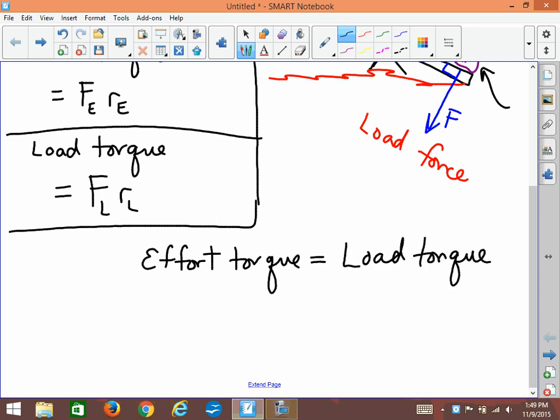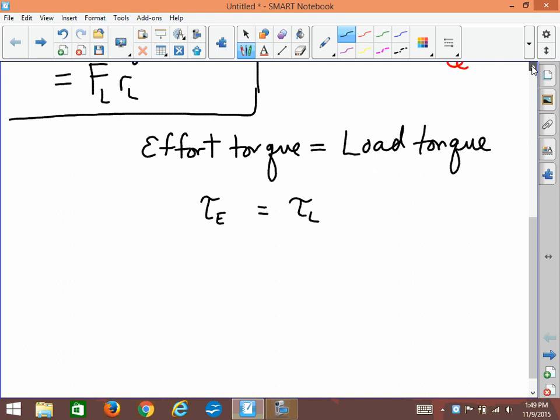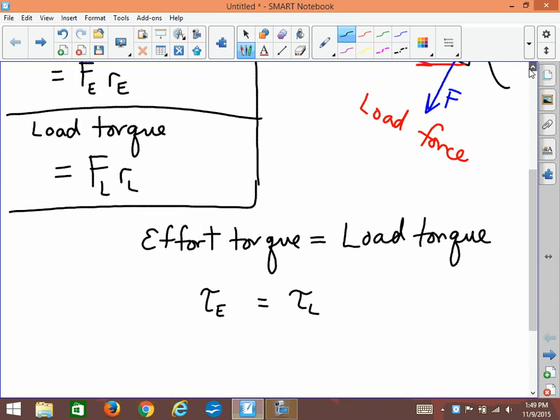This is what has to happen in order for you to be able to begin to lift the object on the end of the lever. And so if you look at our expressions, the torque of the effort equals the torque of the load, but we just finished describing how to calculate those up here. I'll go back.